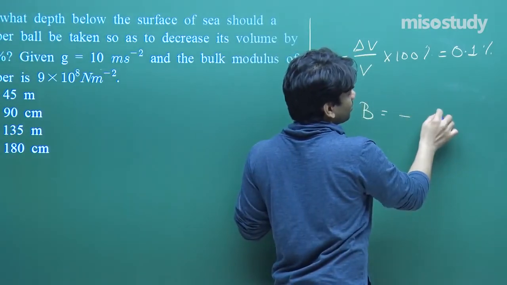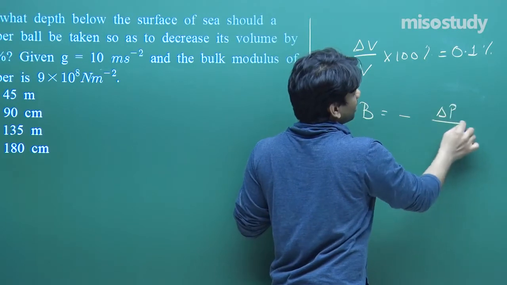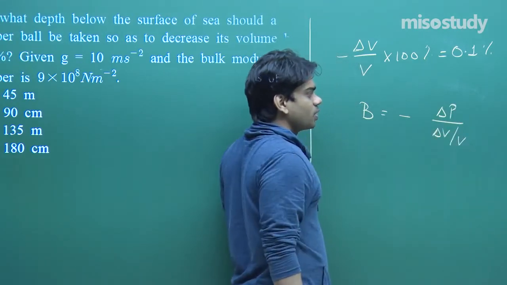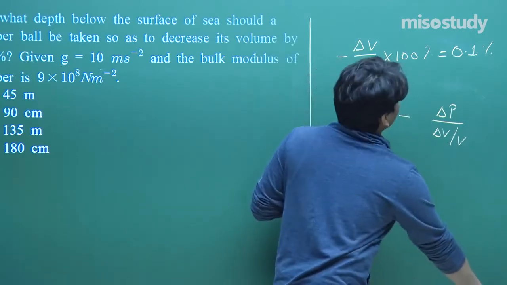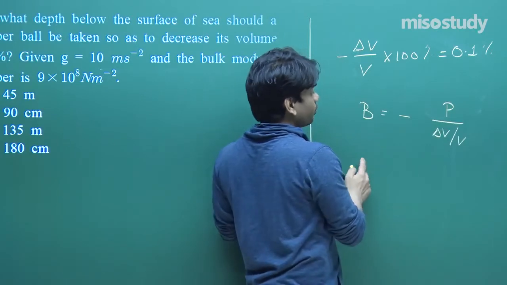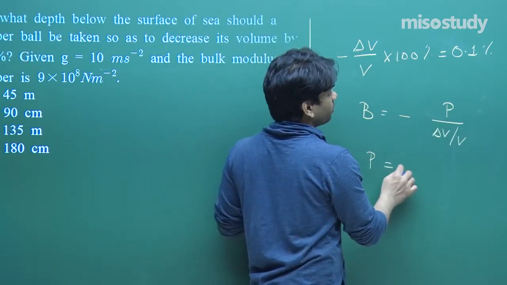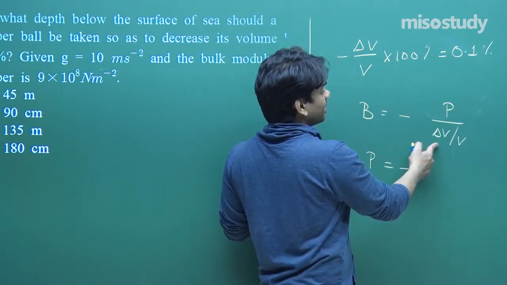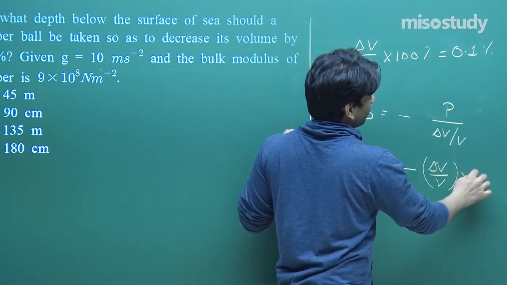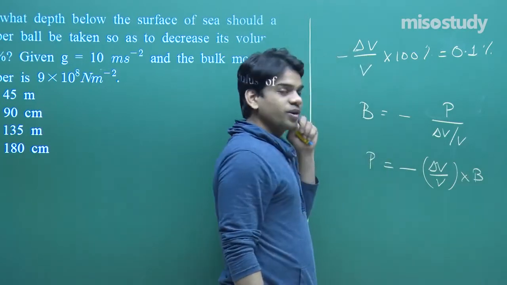Bulk modulus is minus delta P by delta V by V, or we can use pressure instead of delta P. So the pressure will come out to be minus delta V by V multiplied by B. This is what you can do here.